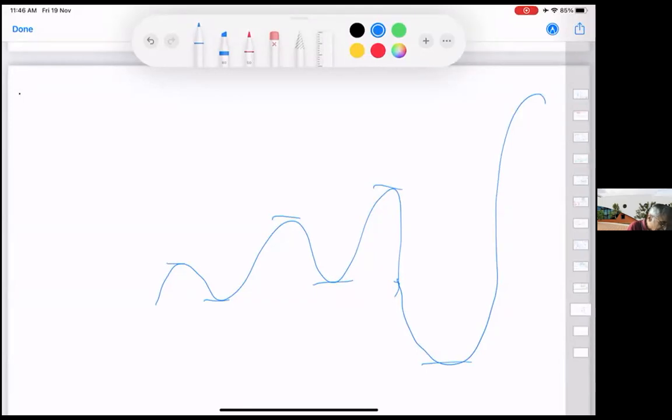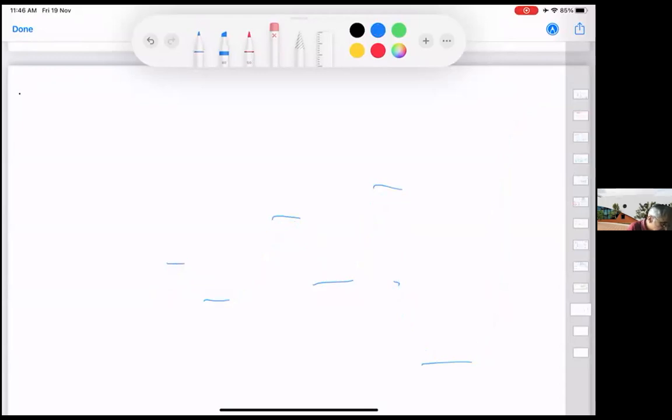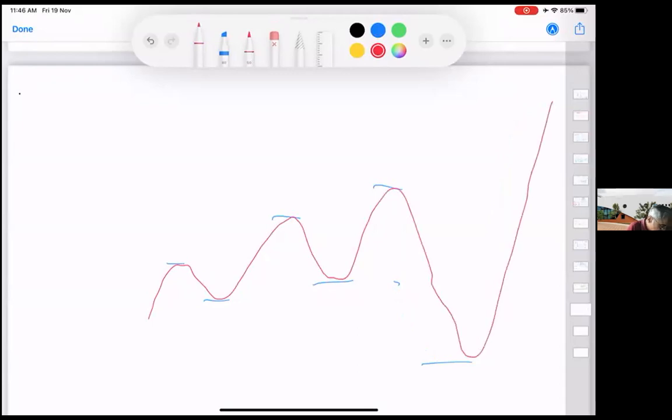So we have local maxima, several of them, but the... suppose this red thing is my function.